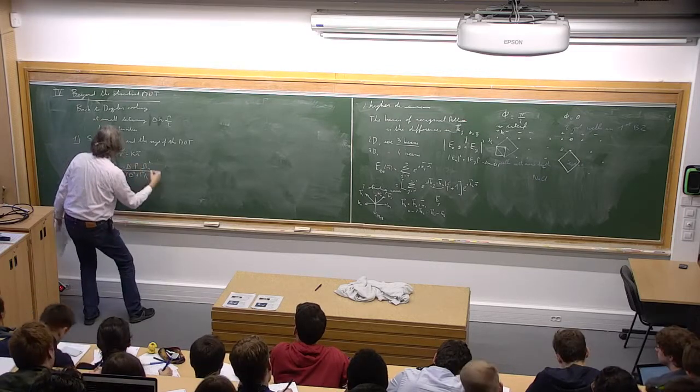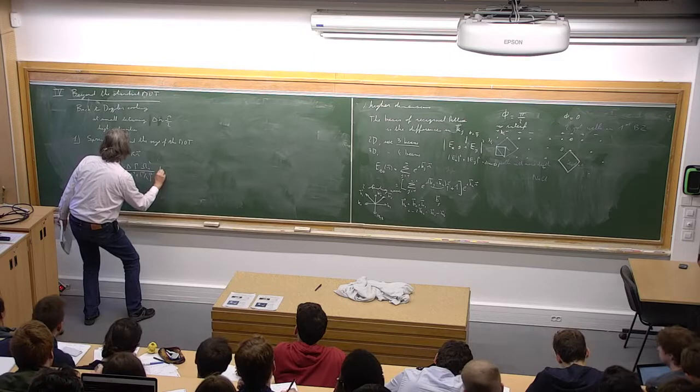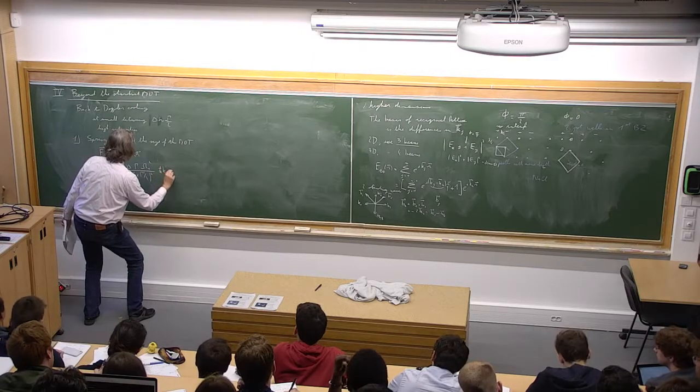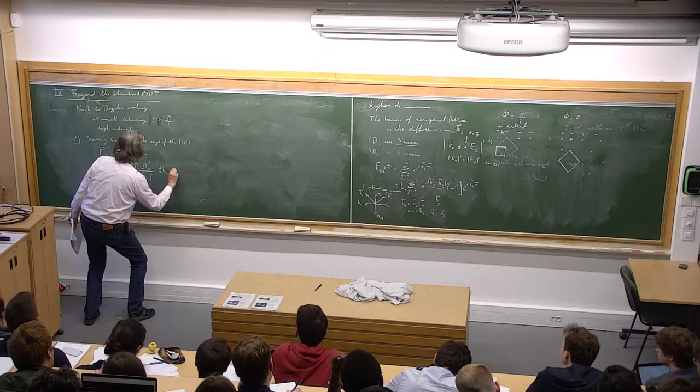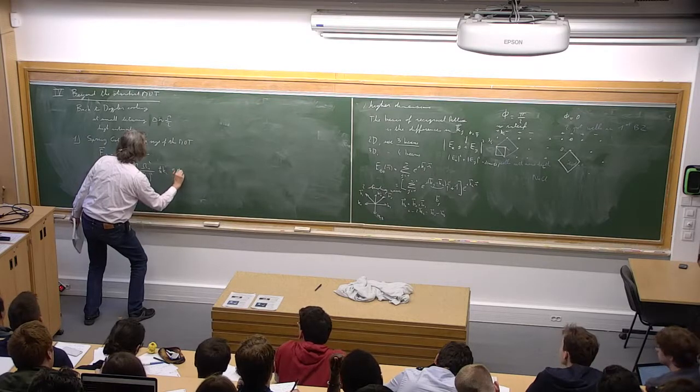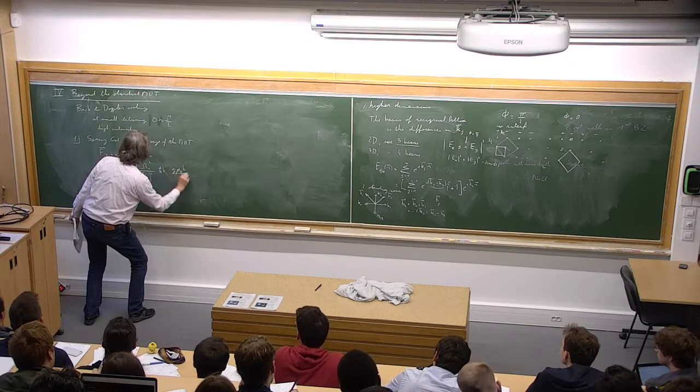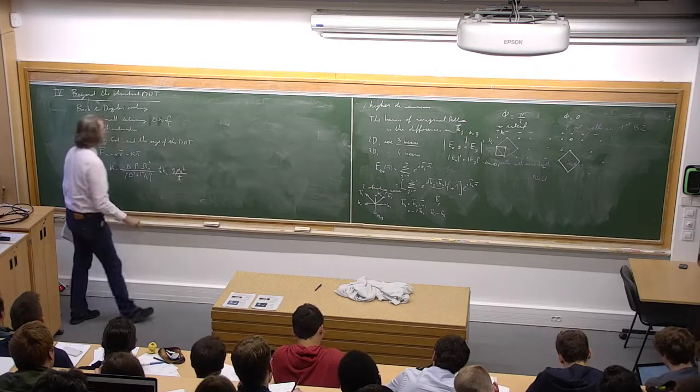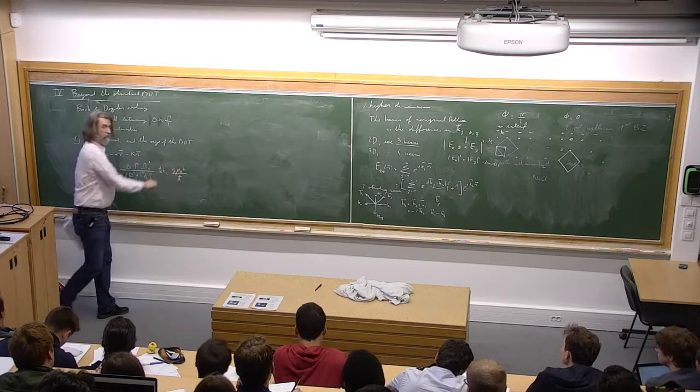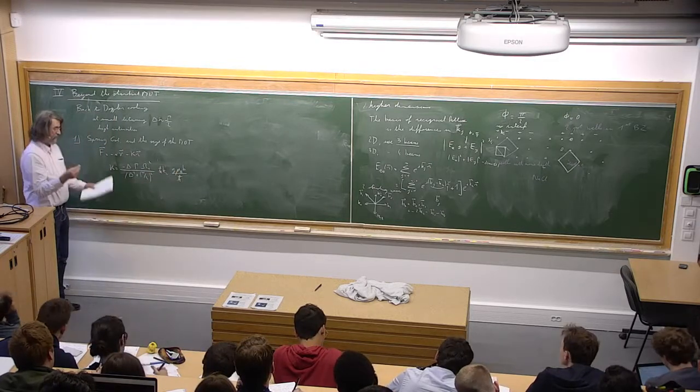And so this is just the usual term, and kL, and then you have your g mu B divided by h bar, where B is the gradient of the magnetic field.